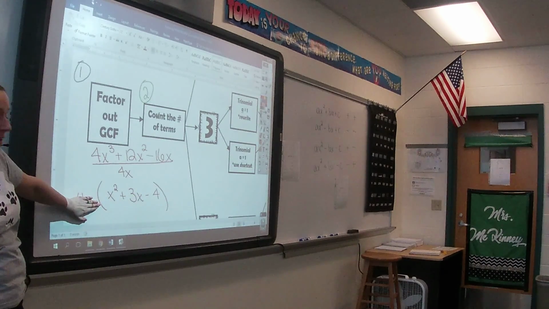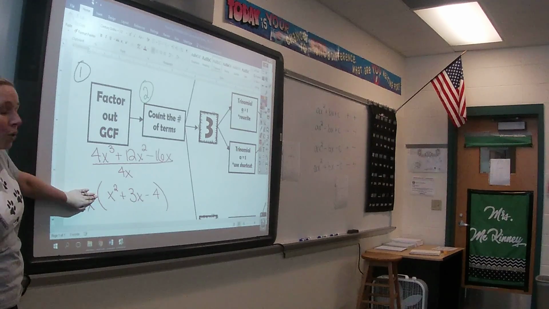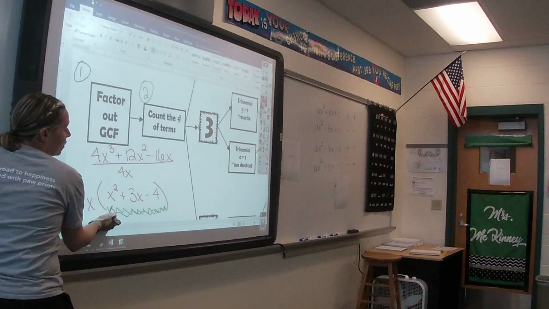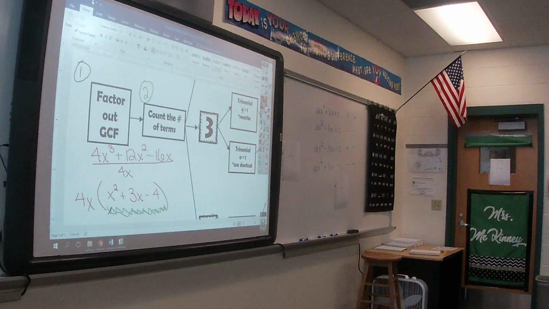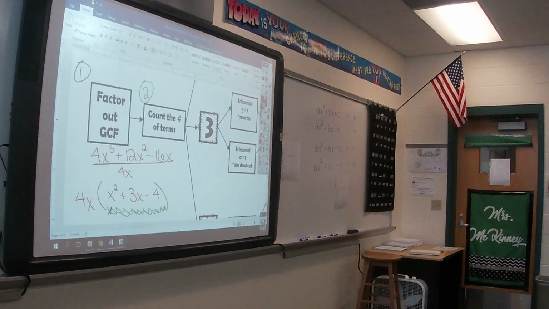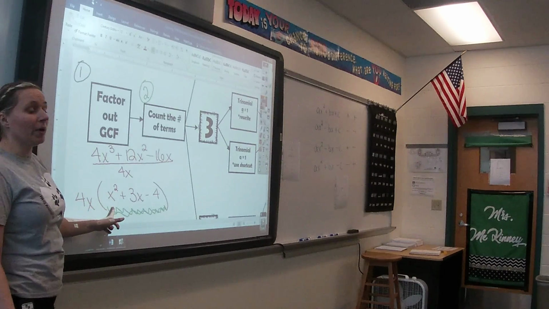This has already been factored out. So all we are doing is looking right here and counting the number of terms there. It should be the same number of terms that were in the original problem. So how many terms does this have? 3.